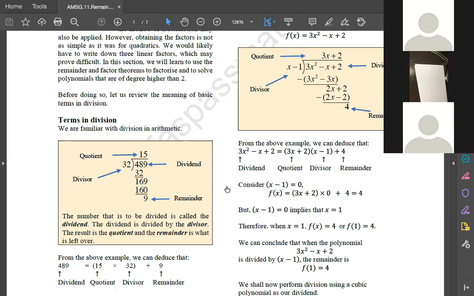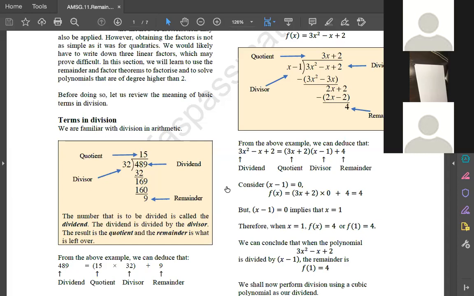Now, after division, the answer you get is your quotient. And then once you are through with the long division, the last number you have here is your remainder. So the dividend is divided by the divisor, and the result is the quotient.